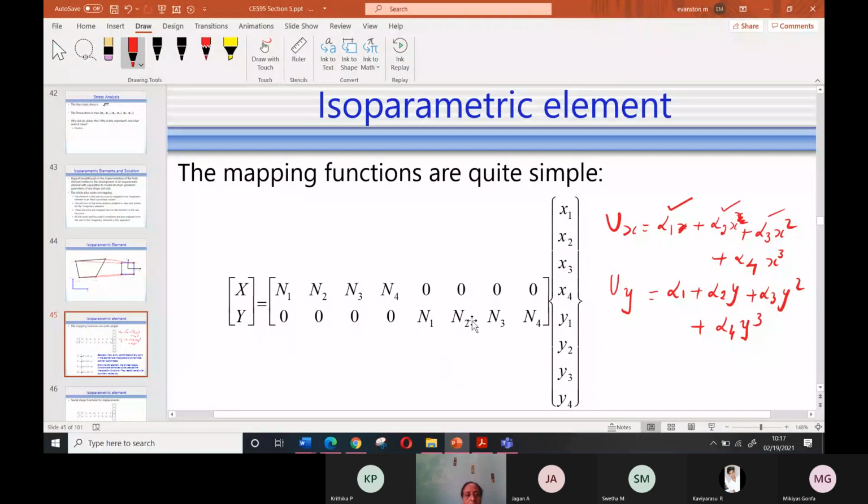Okay, have you written? So this is the displacement function, and this is how the mapping function, that is the displacement function, is mapped to the shape function. These are the shape functions.